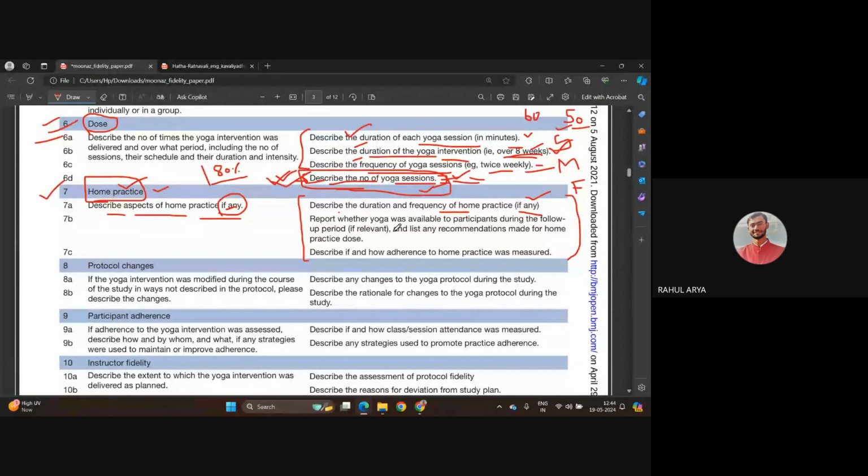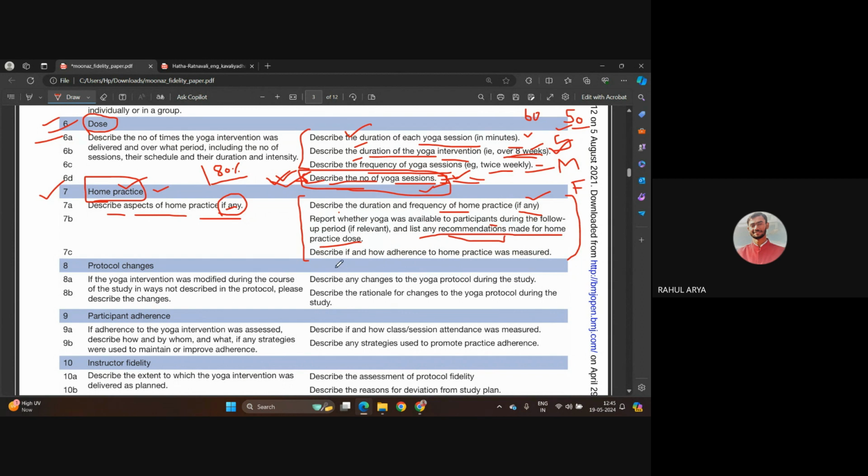Next is report whether yoga was available to participants during the follow period, and list any recommendations made for home practice. If anything, recommendation meaning suggestions, सुझाव, whether to do massage or not, whether to drink water before practice or not, whether to practice on an empty stomach or not, whether to practice after eating and how long after, 2 hours after, everything whatever you recommended you have to mention clearly.